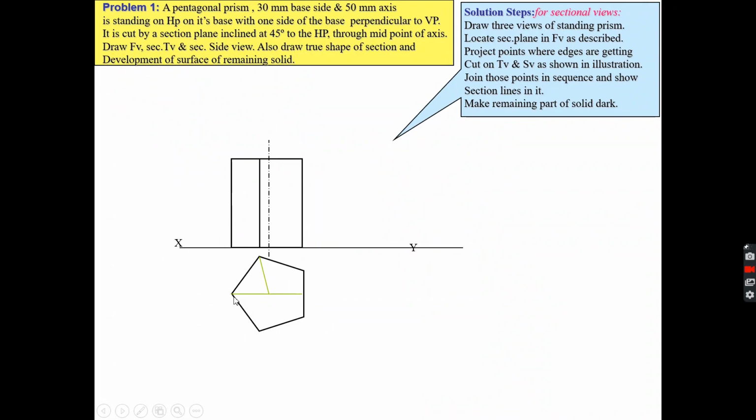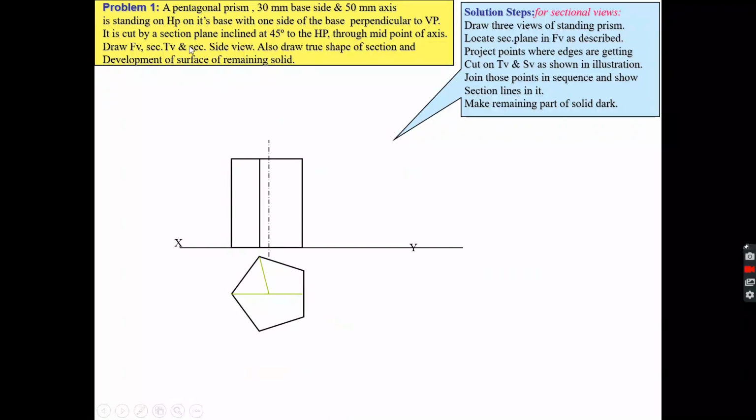From here you can see this is your one edge which will be visible to you, this is your second edge, and this is your third edge, and these two edges will be parallel to each other. Similarly, these two edges will be parallel to each other.